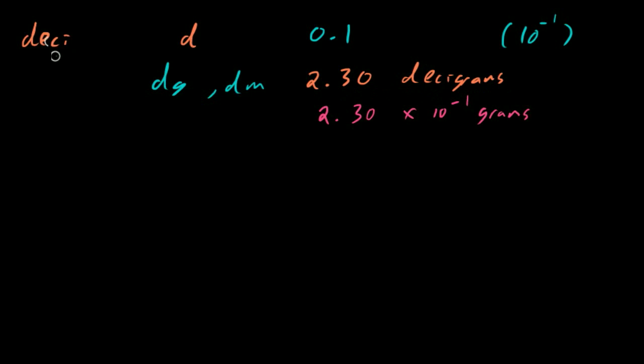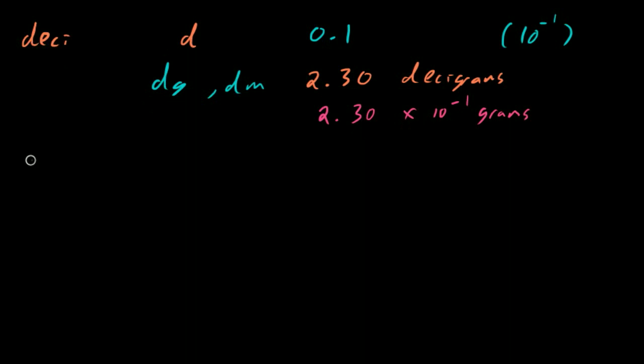So that's what these prefix multipliers help us do. It's more or less a way in English to say what our unit would be if we wrote it in scientific notation. So anyway, this is the first one, deci.